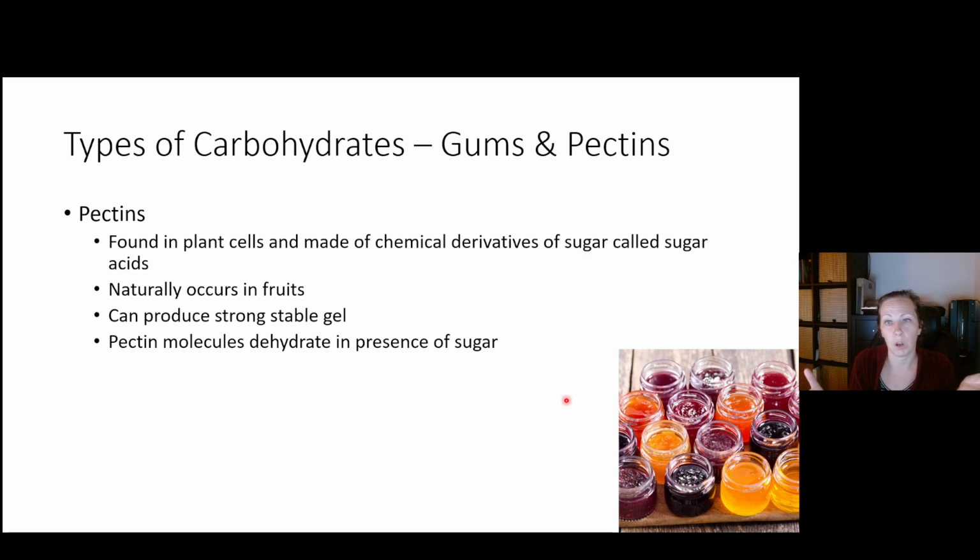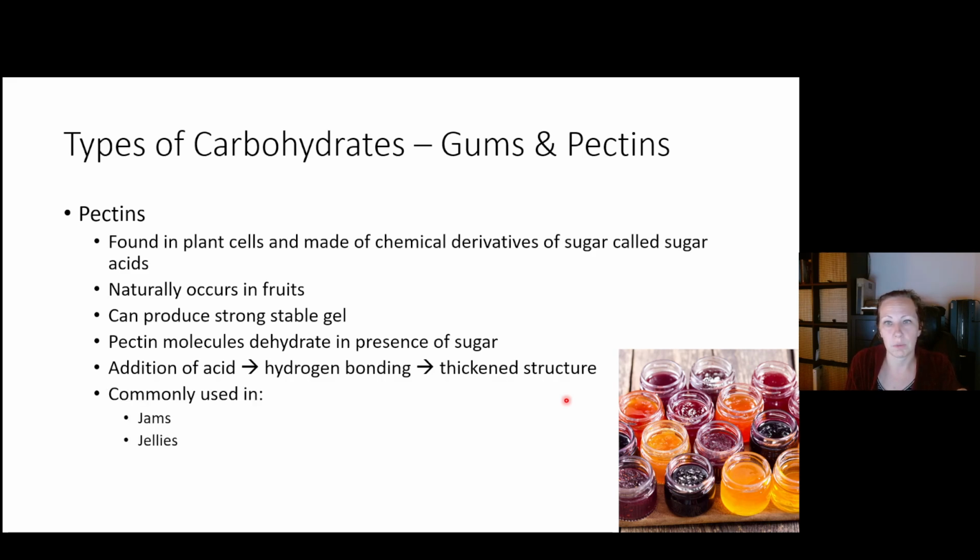They'll give up their water to the sugar. And in addition, when you add acid, that causes hydrogen bonding and a thickened structure. And that is how these molecules produce the strong gel that we find in jams, jellies, and marmalades. And we'll go into that in a little bit more detail in a few slides.